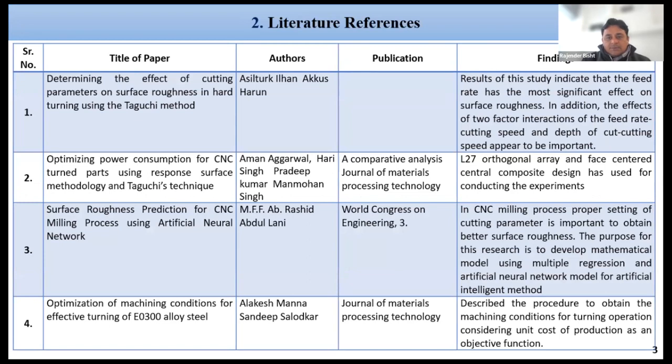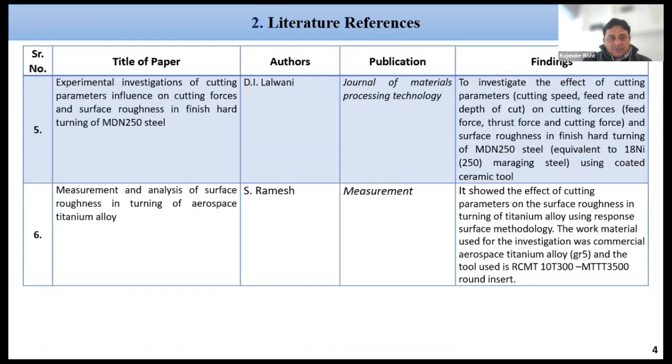These are the titles of the papers which I referred to for my experiment: determining the effect of cutting parameters on surface roughness in hard turning using the Taguchi method, and optimization of power consumption of CNC turning using response surface methodology and Taguchi techniques. On all these references, I have based my experiment.